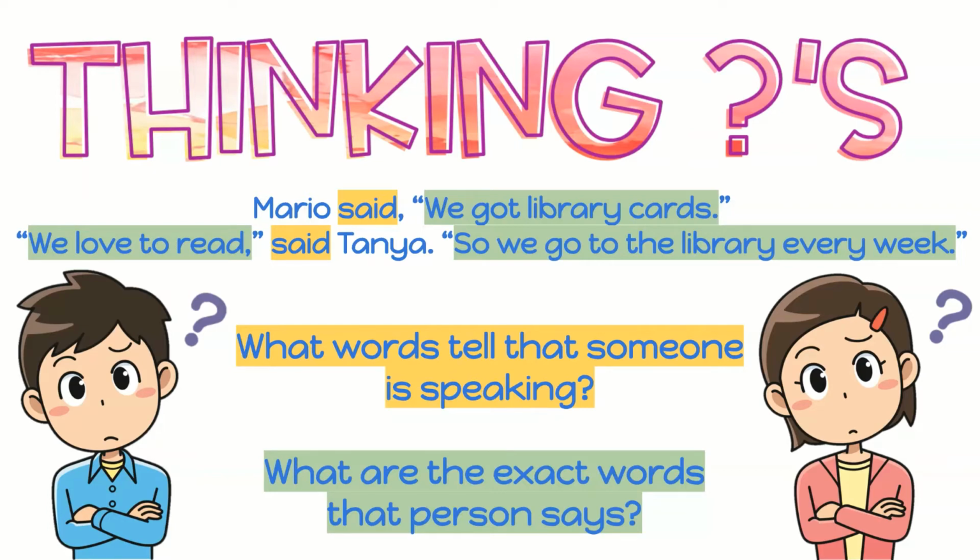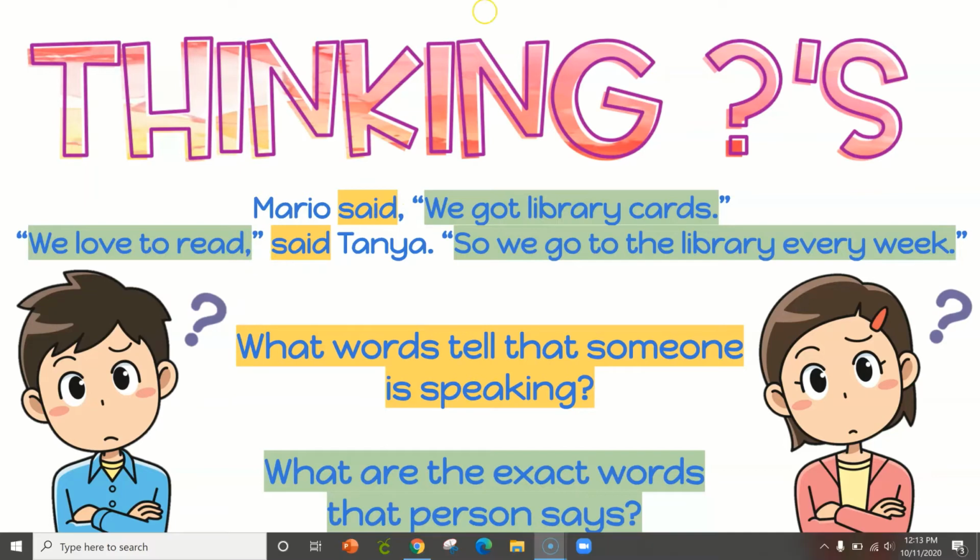Once you're able to identify the signal words describing who's doing the speaking and the words that are actually being spoken out loud, it comes very easily. You just want to make sure that a comma sets off those signal words describing who's speaking, as you see here and here.